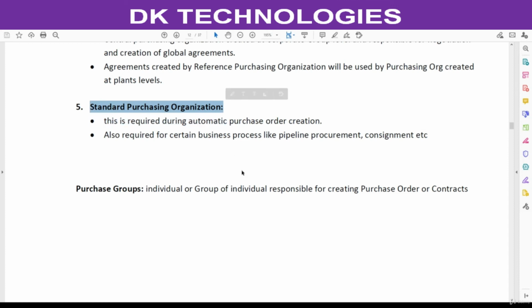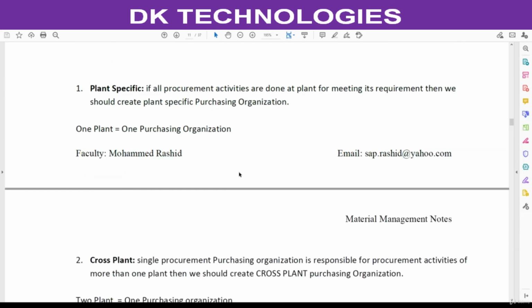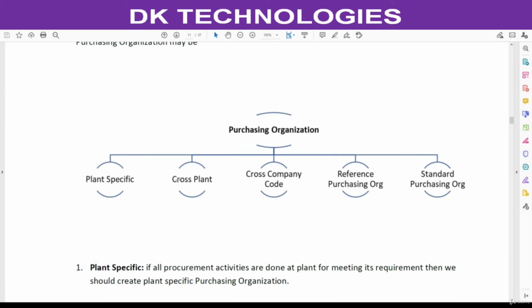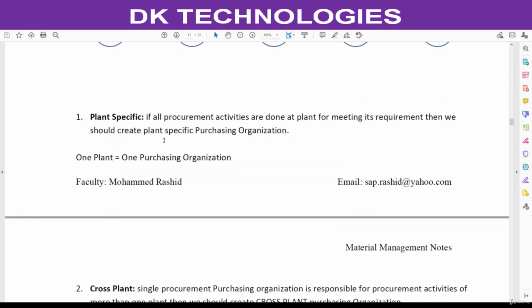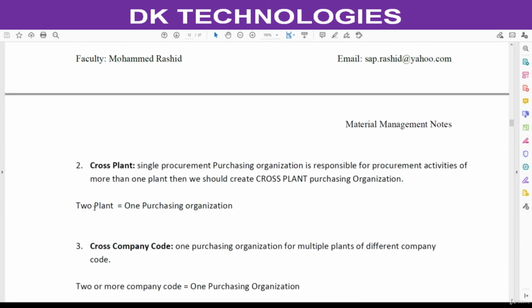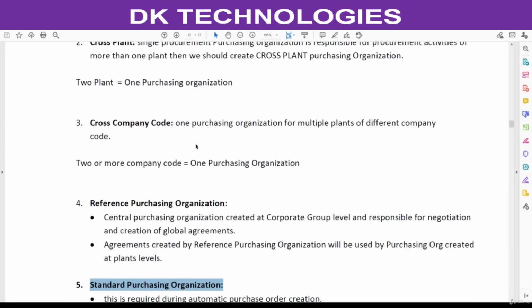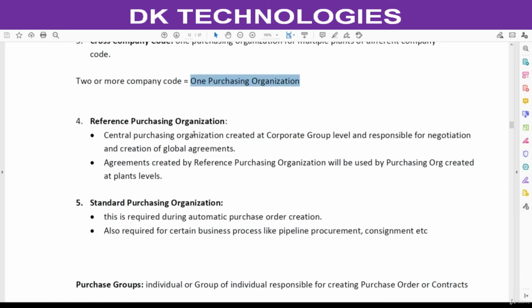Hope you understand the purchasing organization concept. In SAP, we have plant specific, cross plant, cross company code, referencing purchasing organization, standard purchasing organization. So one plant equal to one purchasing organization. In cross plant, two plants equal to one purchasing organization. Cross company, two or more company codes using one purchasing organization. Reference, we understand this.